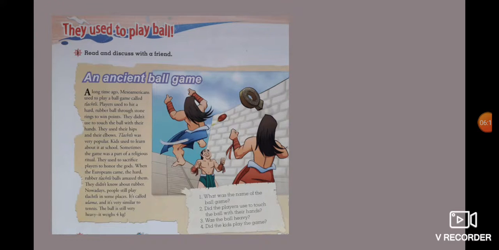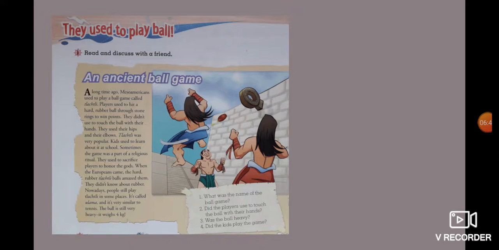Let's see. A long time ago, Mesoamericans used to play a ball game called Tatli. Players used to hit a hard rubber ball through stone rings to win points. They didn't used to touch the ball with their hands.